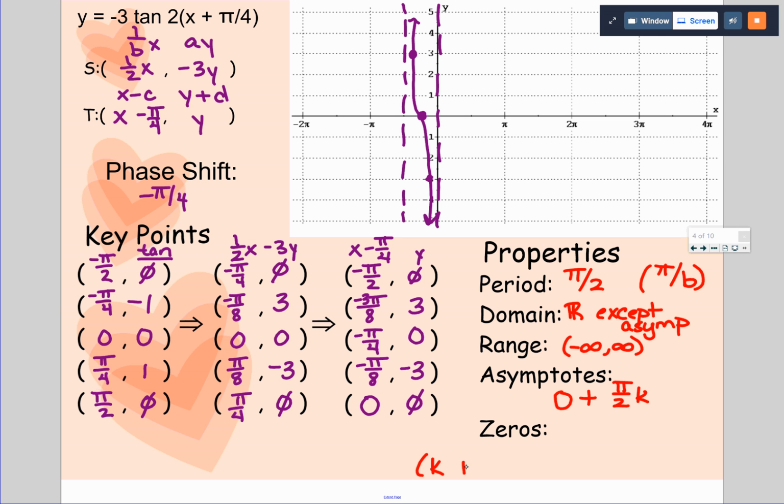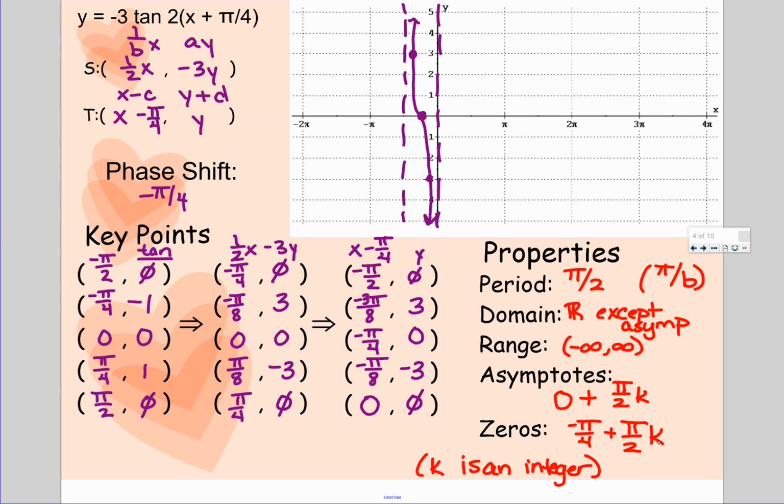So I'm just going to put a little note at the bottom. K is an integer. You only have to do that once, but if you add something new, you got to say what it is. And then 0, same thing. We're just going to pick where we have an x-intercept, so you can use your key points. Negative pi over 4 is where we graphed an x-intercept at. Negative pi over 4 plus the period times k, plus pi over 2 times k.